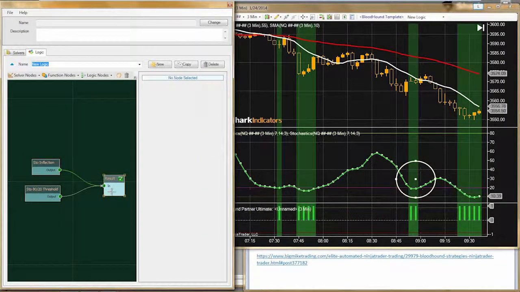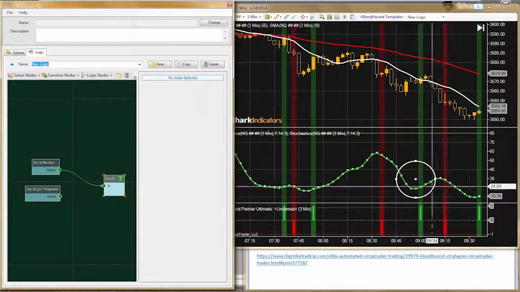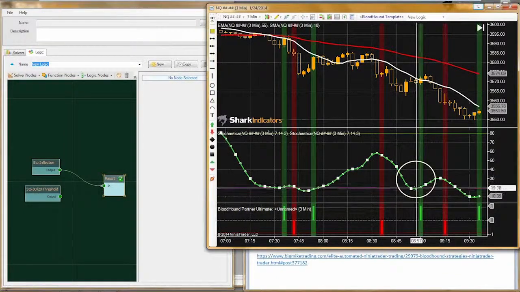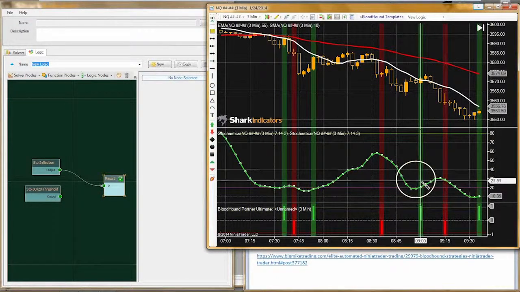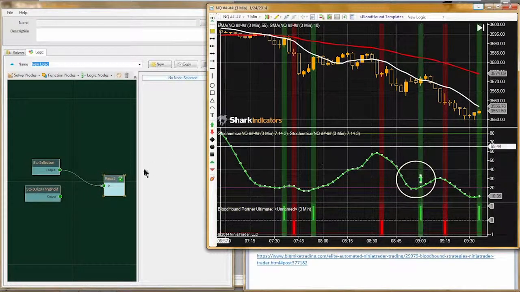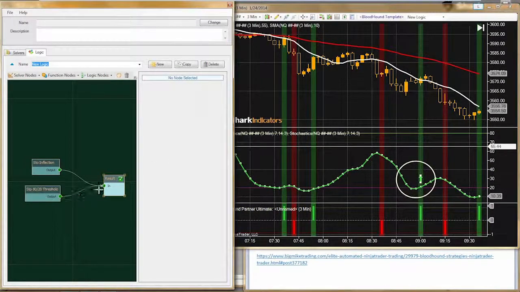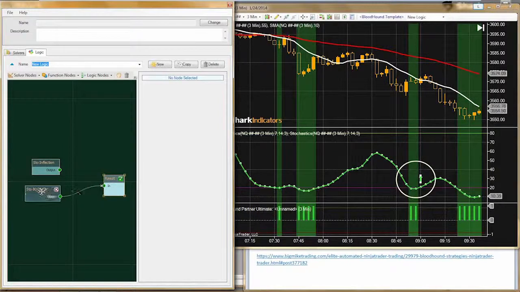Alright, so let's take a look at the inflection. Alright, so we had the inflection actually occur right on this bar. So let me mark it. So this is when the inflection occurred, right here. Now let's take a look at the threshold solver again.